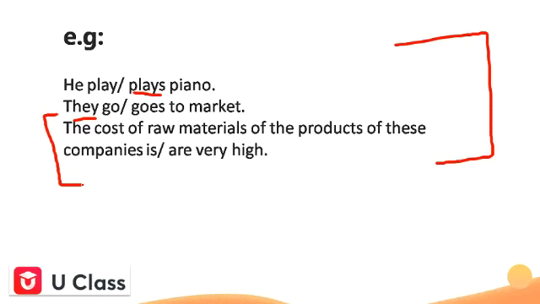For example, the last point is very high or are very high. So something is very high. Now, what is very high? Cost is very high. Raw materials, products, these companies. What exactly are you talking about? You're talking about the cost. The cost is very high. Therefore, the cost is the subject here, and according to cost, the answer should be is. Is it clear now?